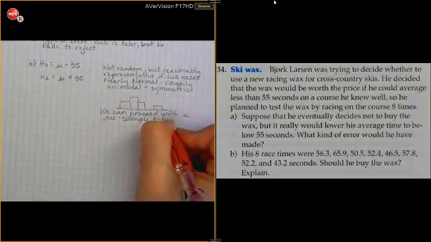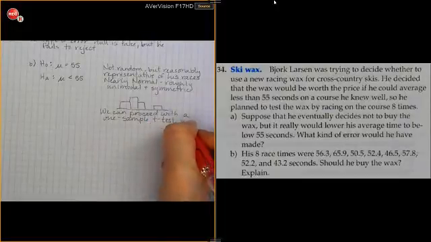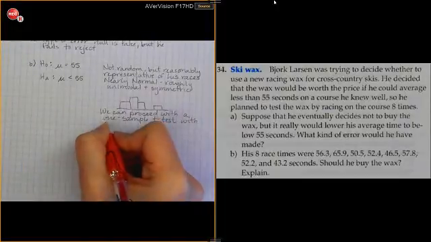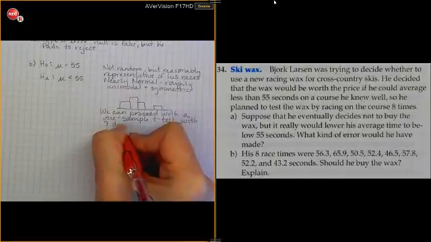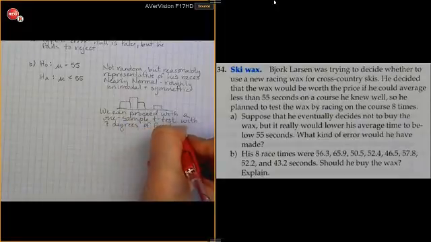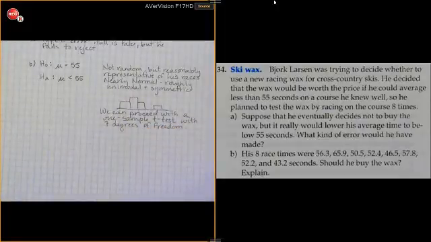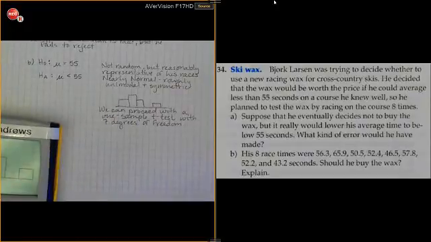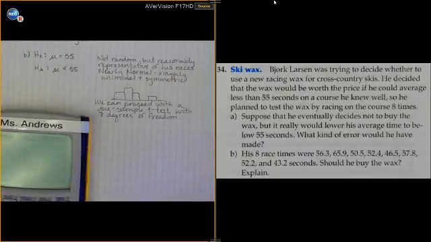So 7.0285. The n was 8, and this doesn't come up there, but our degrees of freedom is 7. So that's the information that I am using. Those are my observed statistics that I'm using to compare to what should be happening.